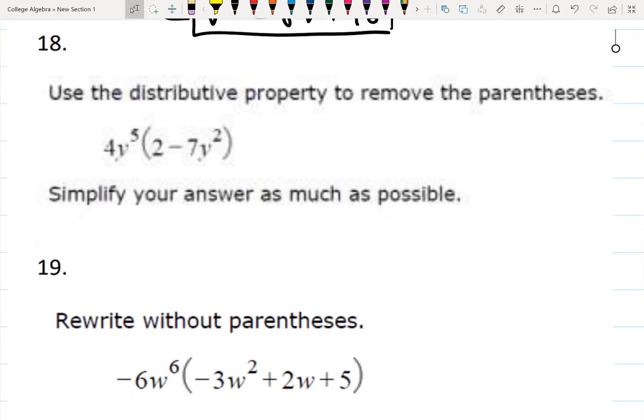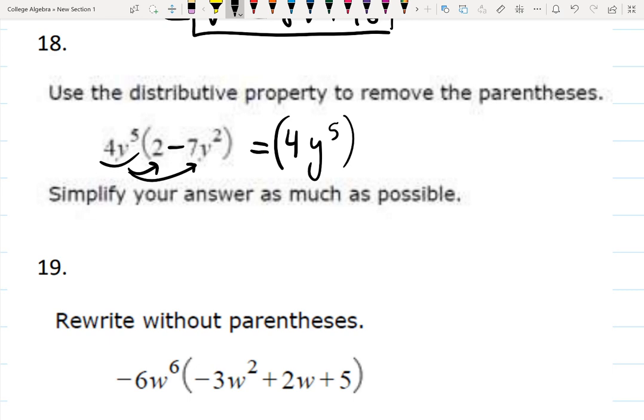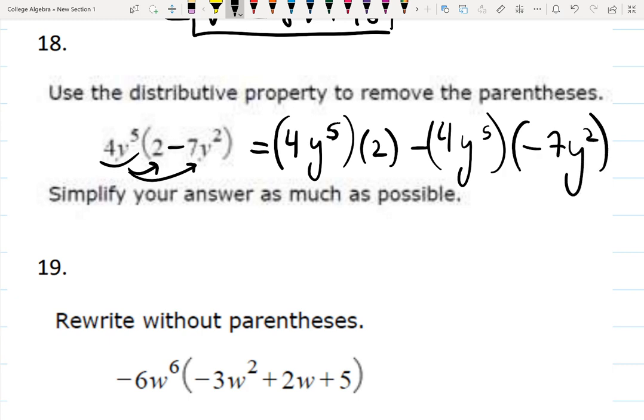Now, in this case, we're going to distribute to remove parentheses. Again, I will take this term and multiply it carefully by each term in the parentheses, checking carefully all the signs and multiplying numbers. But I will do it slowly for you. 4y to the 5, put parentheses, multiplied by 2, minus 4y to the 5, parentheses, multiplied by negative 7y squared.